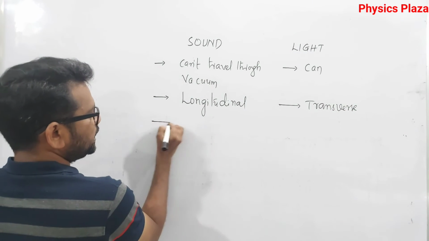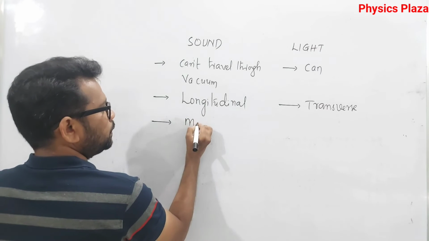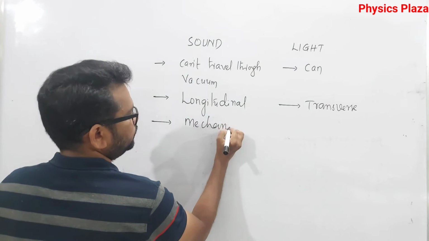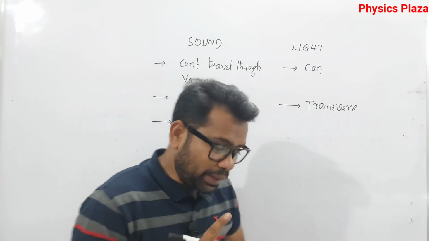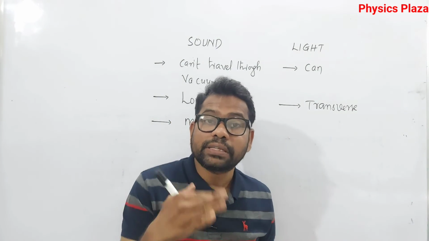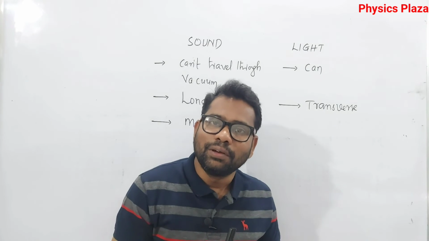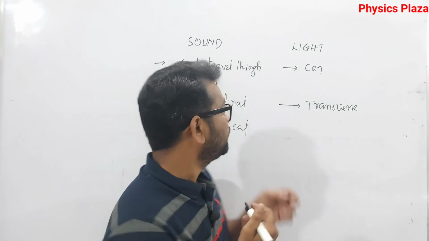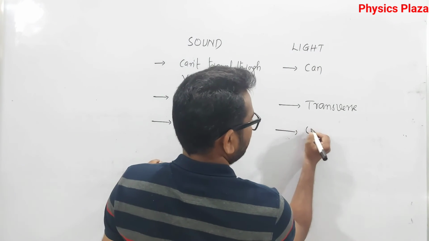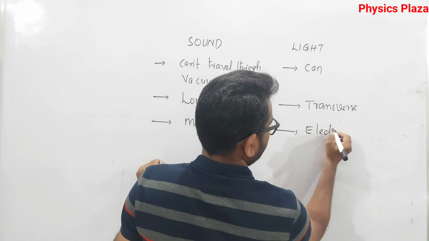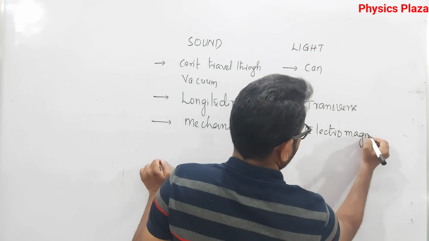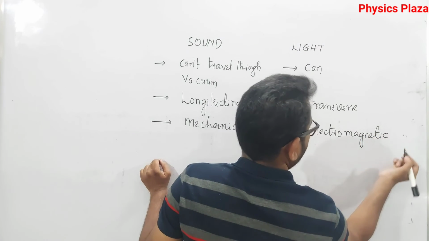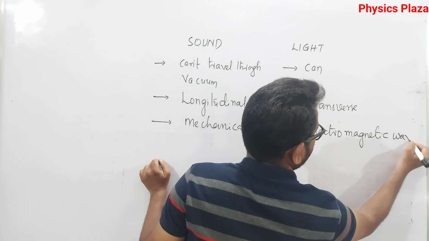Okay. And basically children, sound is a mechanical wave. Here mechanical wave means what? The wave which requires a medium to propagate. Obviously for sound a medium is required. Whereas light belongs to electromagnetic radiation. It is an electromagnetic wave.